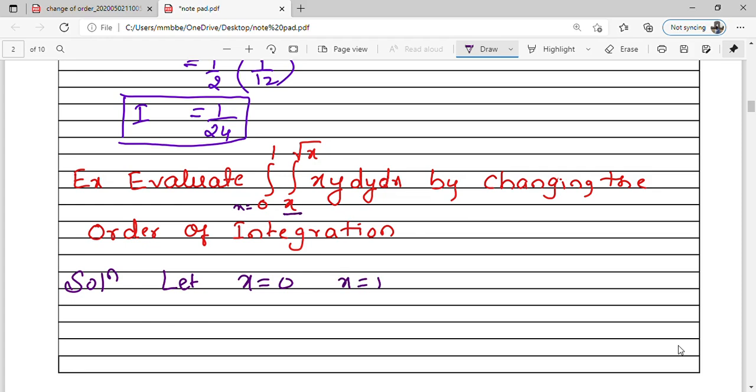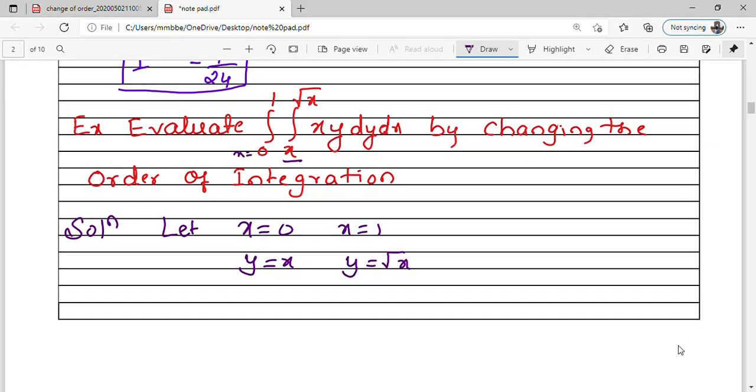For the second one, y is equal to x and y is equal to root x. Y equal to root x, squaring on both sides, can be written as y square is equal to x. Using this we have to draw the rough sketch. So y is equal to x is the 45-degree line, and y square is equal to x is the parabola.